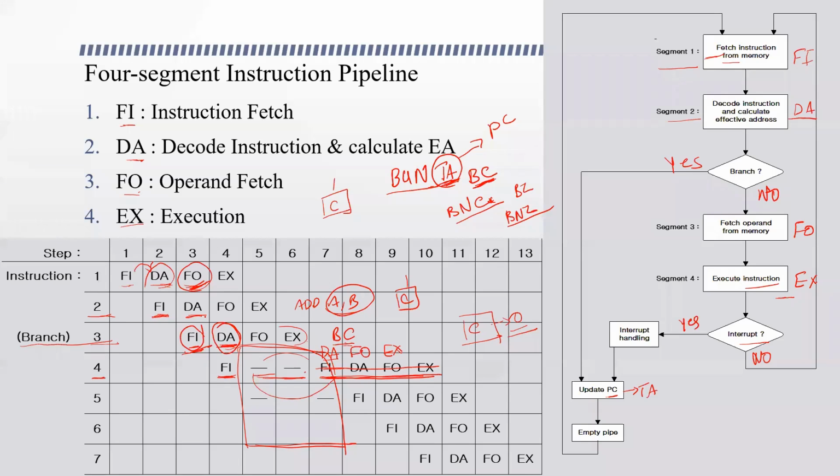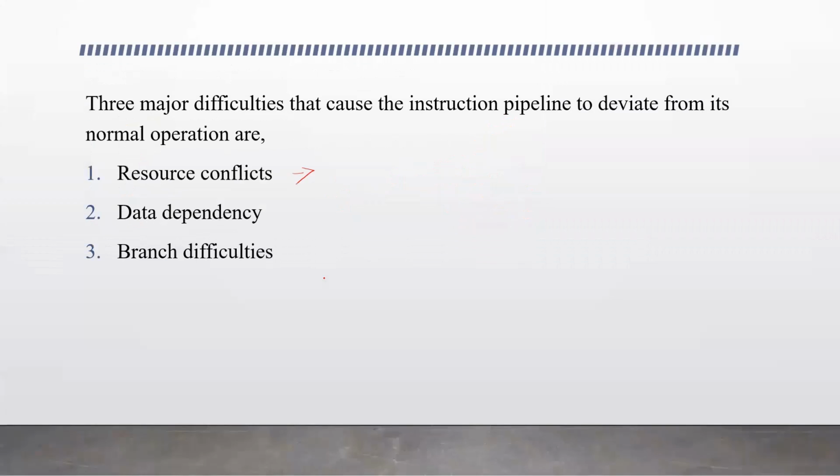The memory that has the instructions will be connected with the CPU with a separate memory bus, and the memory unit that stores the data gets connected to the CPU with another separate memory bus. This way, by increasing the hardware units, we can resolve this issue of resource conflict.